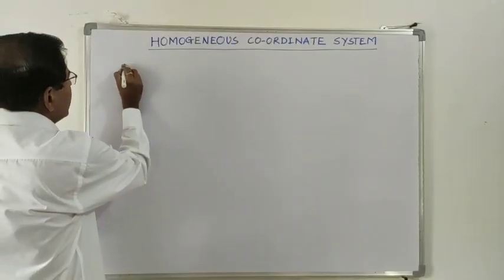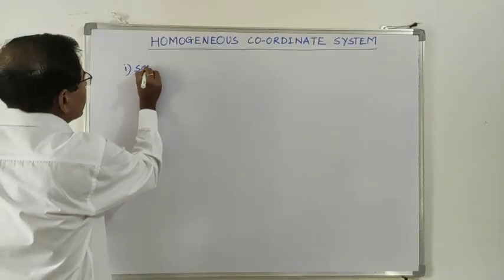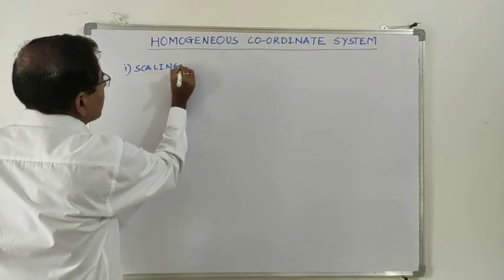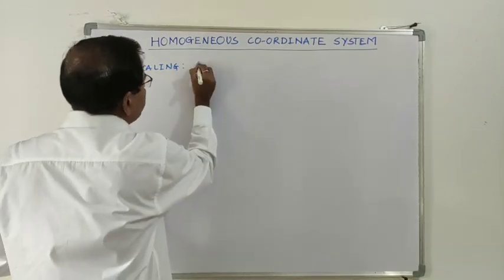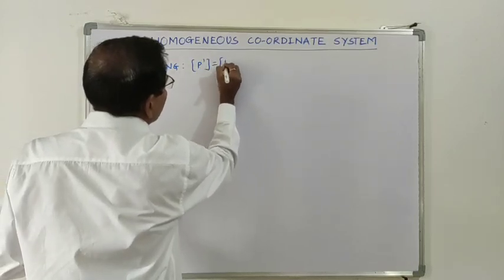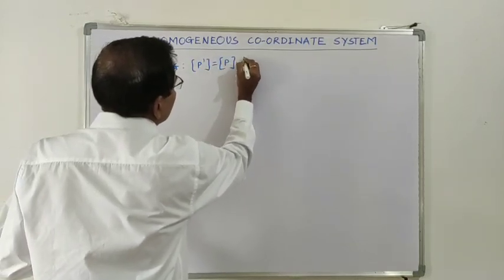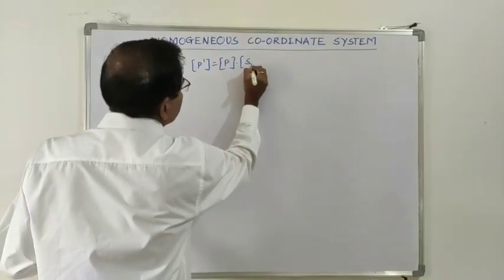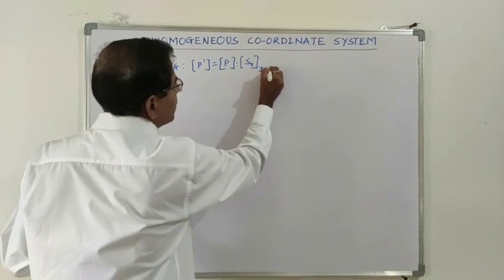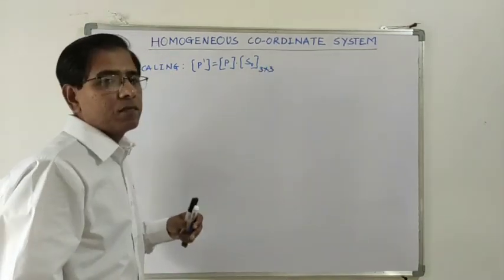So first is scaling, where P dash is equal to P into SO, and the size of this SO is 3 by 3.